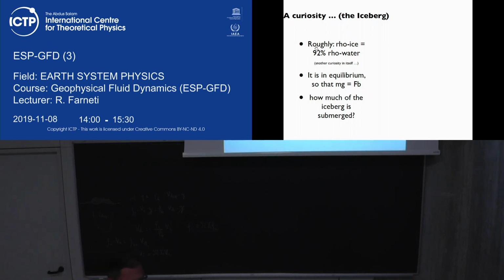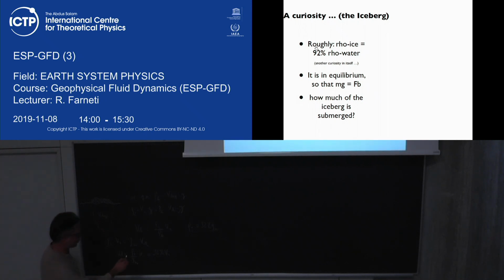But how can we estimate the volume of the seawater, provided that it is a sea and it is a large water body? How can we estimate VD in the first place? We don't estimate VD in the first place. VD is the result. So we don't need to know what's the volume of the iceberg or what's the volume displaced.